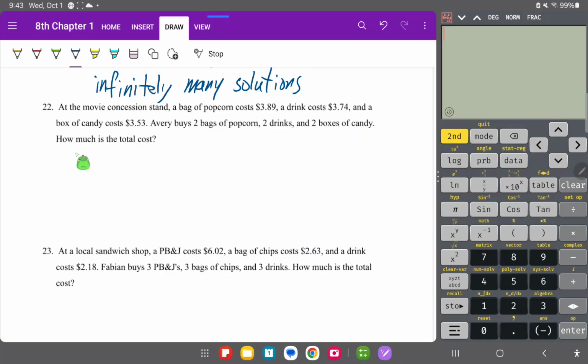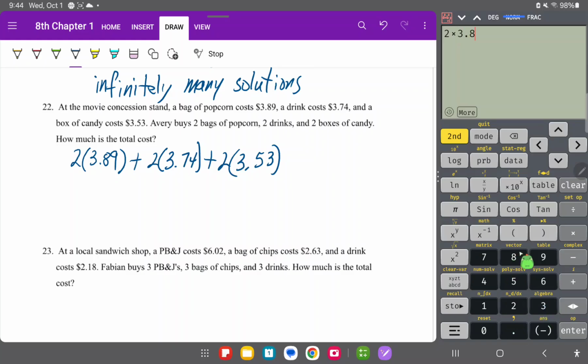All right, so we're doing 2 times the popcorn plus 2 times the drink cost plus 2 times the candy cost. Now the other way is just to add those up and multiply by 2. Either way is fine.